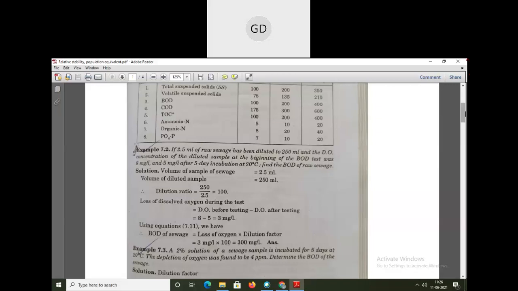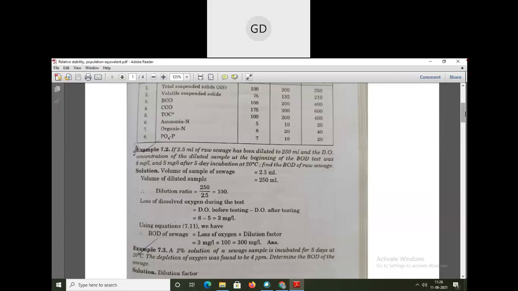Okay. So the question is: if 2.5 ml of raw sewage has been diluted to 250 milliliter, and the DO concentration of the diluted sample at the beginning of the BOD test was 8 milligram per liter, and 5 milligram per liter after 5-day incubation at 20 degrees Celsius, find the BOD of the raw sewage. That means here, first of all, 2.5 ml of raw sewage has been diluted to 250 milliliter.